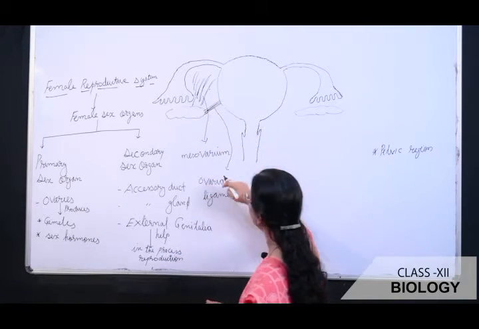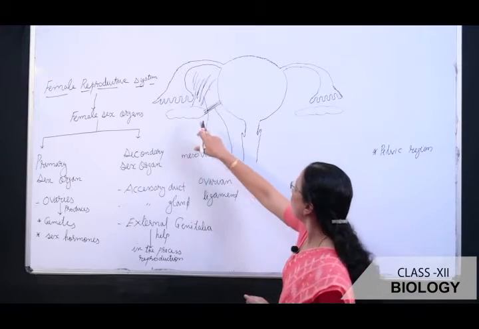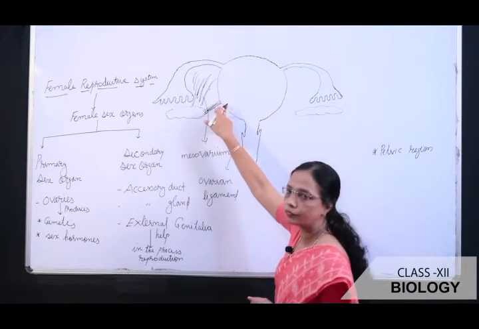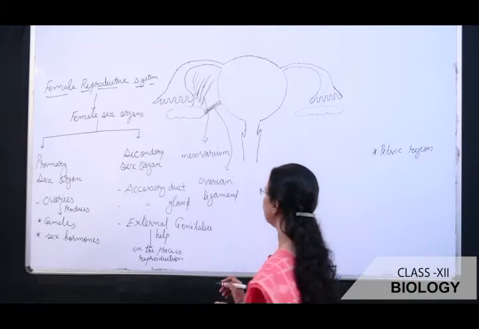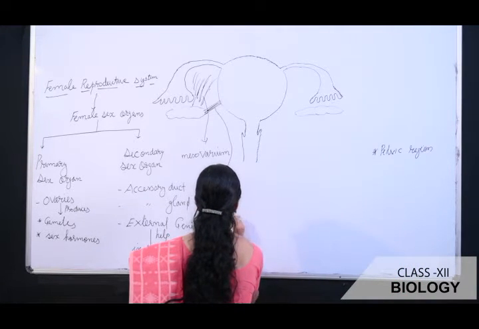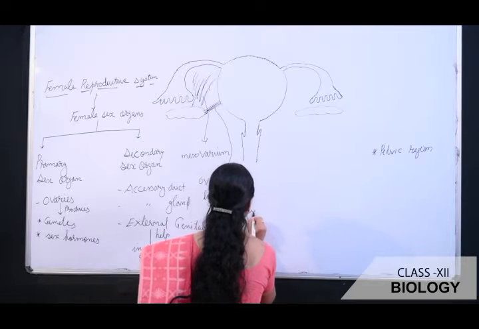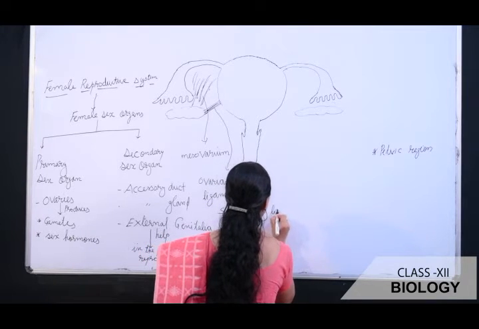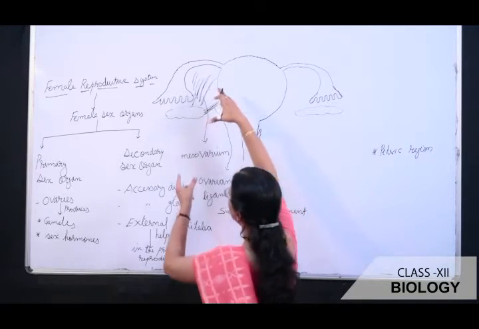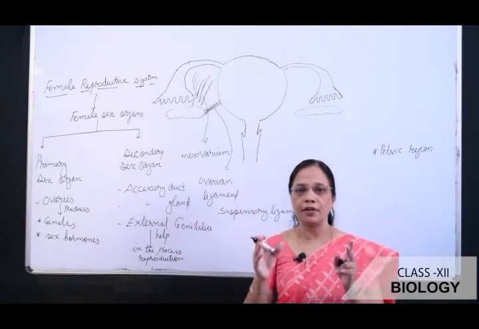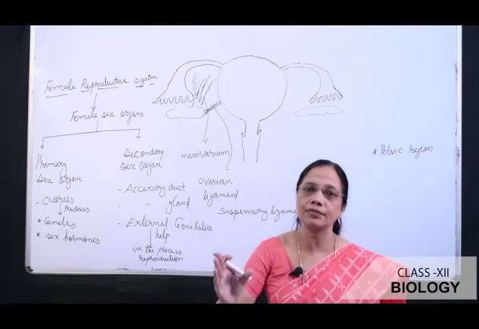This ovarian ligament fixes the ovary with the uterus. Now there is one more ligament, which is called the suspensory ligament. It is present over here and fixes the ovary with the lateral pelvic wall.